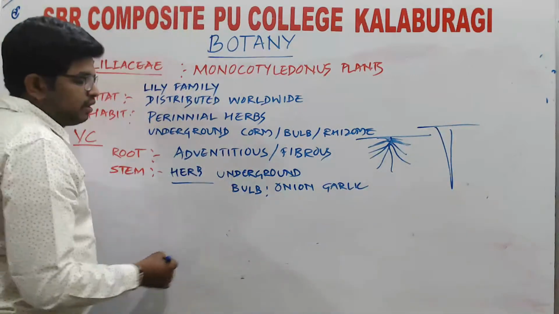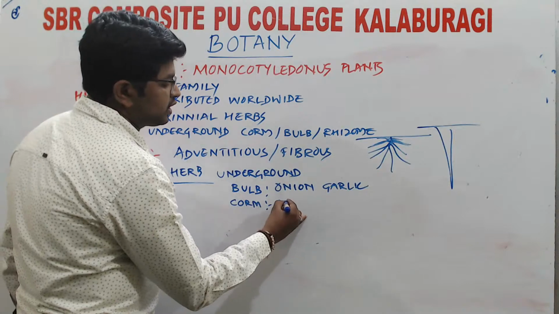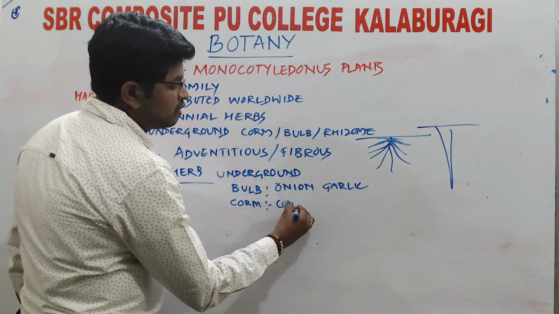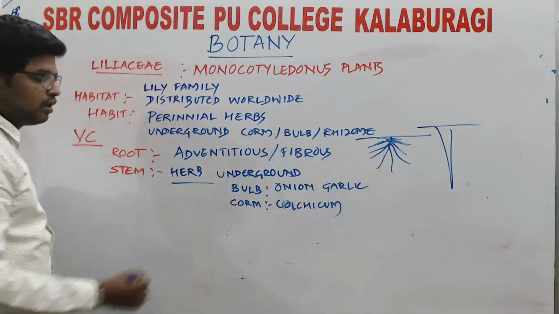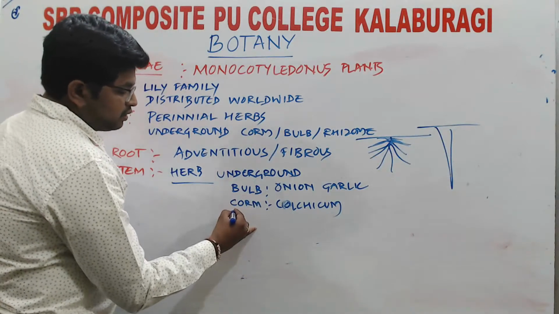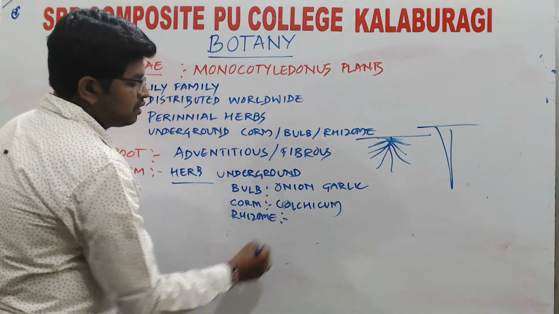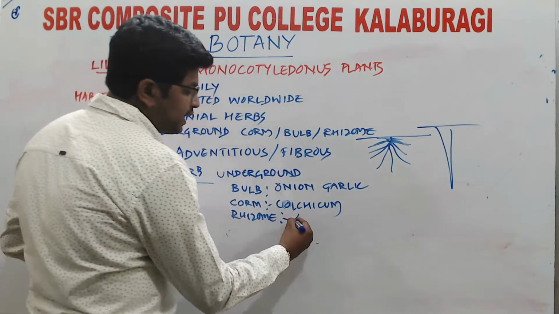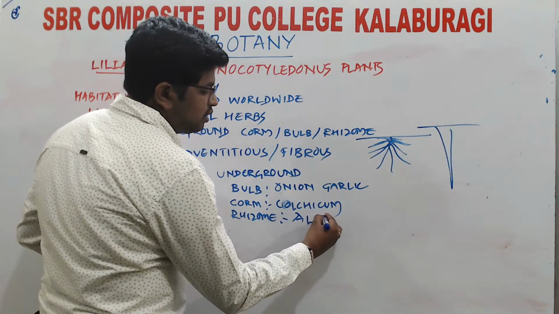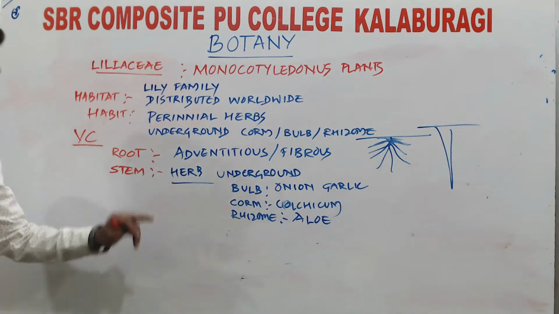Okay, and the corm is colchicum, it is a plant. Then the rhizome, we can consider aloe vera, what we apply as a skin tonic. It is a rhizome. Okay, these are the kinds of stem you observe.